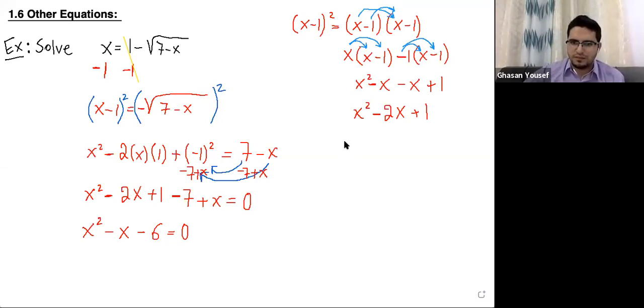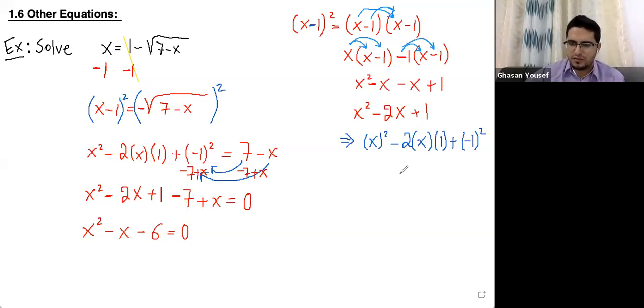By using the formula here, the first term squared, minus (the minus is the same as the sign here in the middle), minus 2 times the first term, x, times the second term, the 1, plus (you have to write plus here) the second term squared. The second term is minus 1 squared.